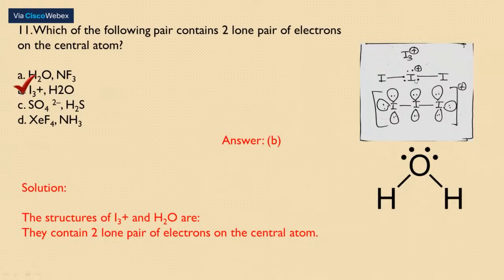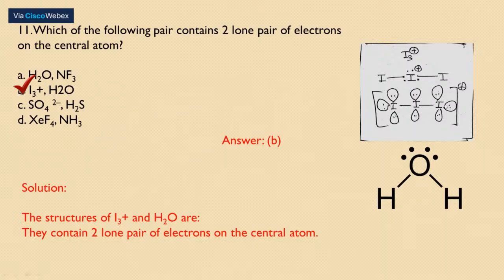In this I3+, there are three iodine atoms in this molecule. Before, the structure was different. When you remove one electron from I3, this is the structure you are going to get.